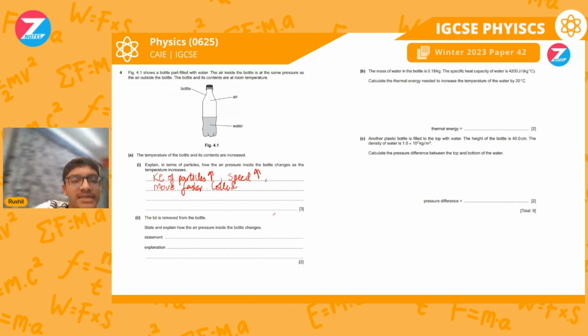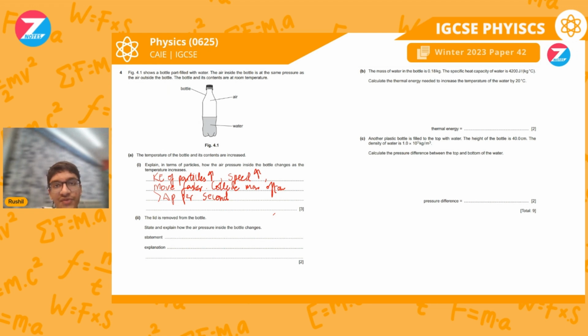Hence, they collide with the walls of the bottle more often or more frequently. Hence, there's a greater change in momentum per second, or there's a greater force exerted on the walls of the bottle. There's a greater pressure.